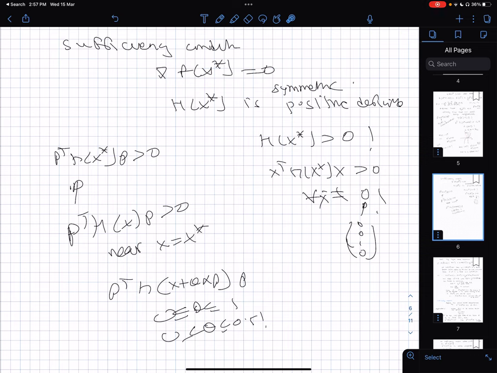Such a local minimum is also called a strict local minimum. So to summarize, in an unconstrained optimization problem, if I have a stationary point and if H(x star) is symmetric positive definite, then I have a guarantee of it being a local minimum, and a strict local minimum.